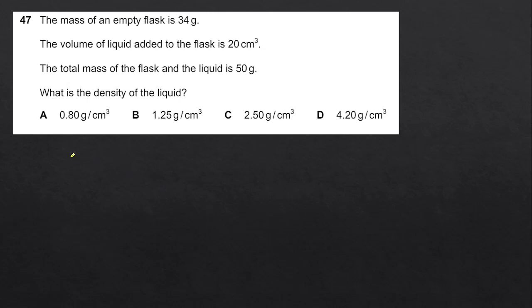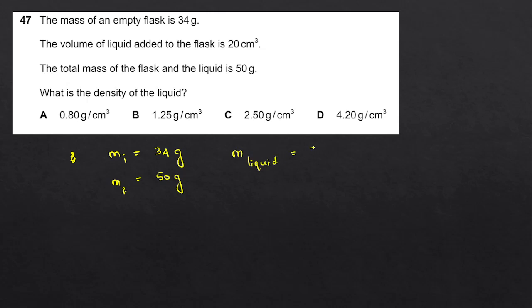So the initial mass was 34 gram. That was the mass of the empty bottle. The final mass is 50 gram, which is the mass of the bottle and the liquid. To find the mass of the liquid, we can take the difference in mass.